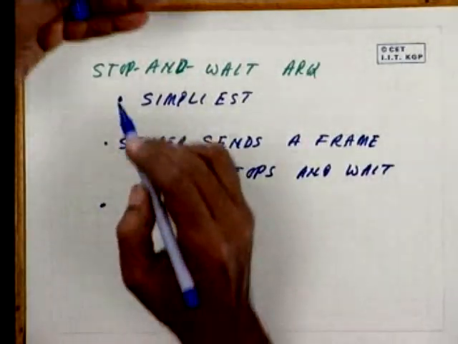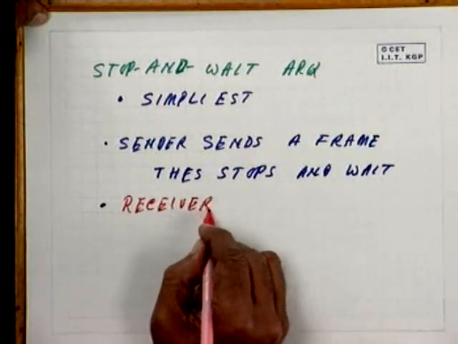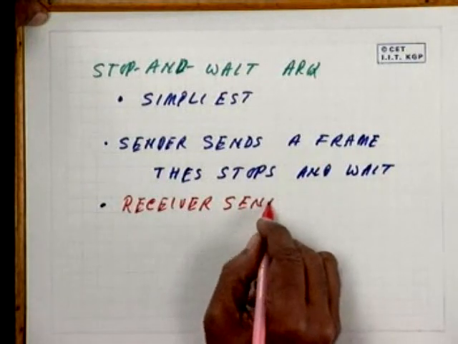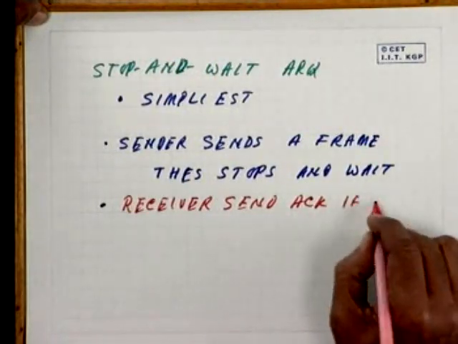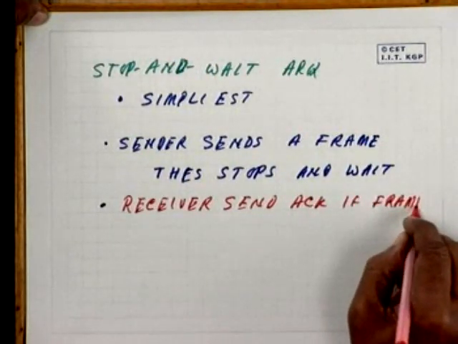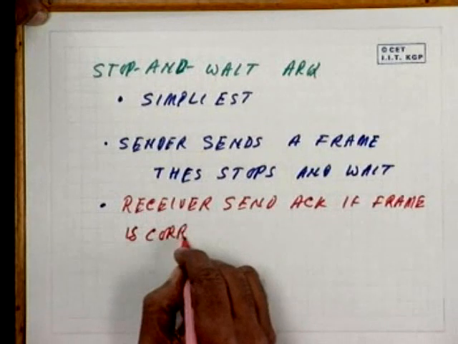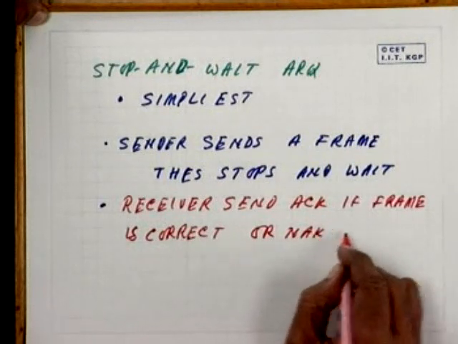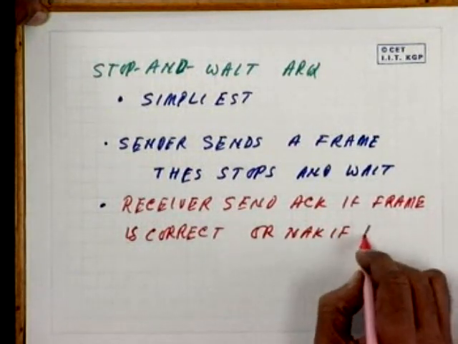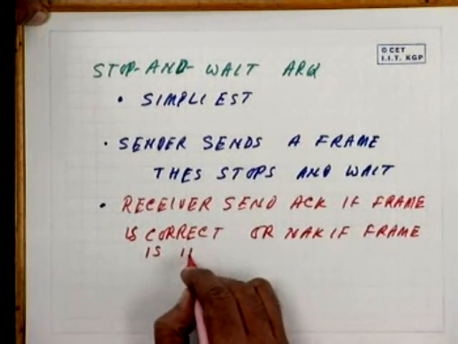What the receiver does: the receiver sends an ACK, a positive acknowledgement, if the frame is received correctly, or a NAK if the frame is in error.